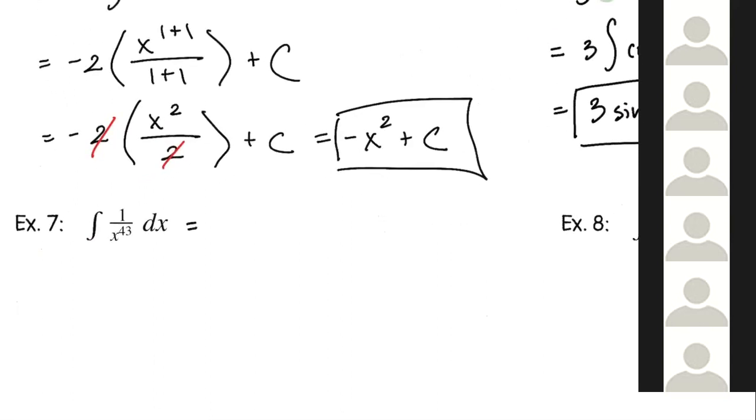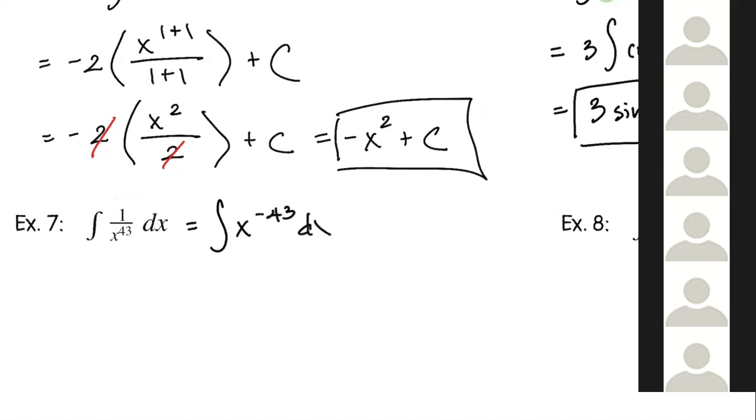And that is they rewrote this integral. In fact, they rewrote this integrand. How might someone rewrite 1 over x to the 43rd before taking an integral? Yes, I love it. X to the negative 43.